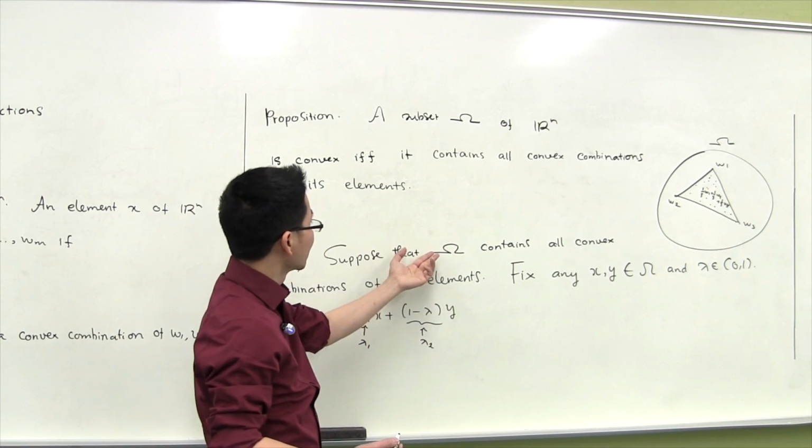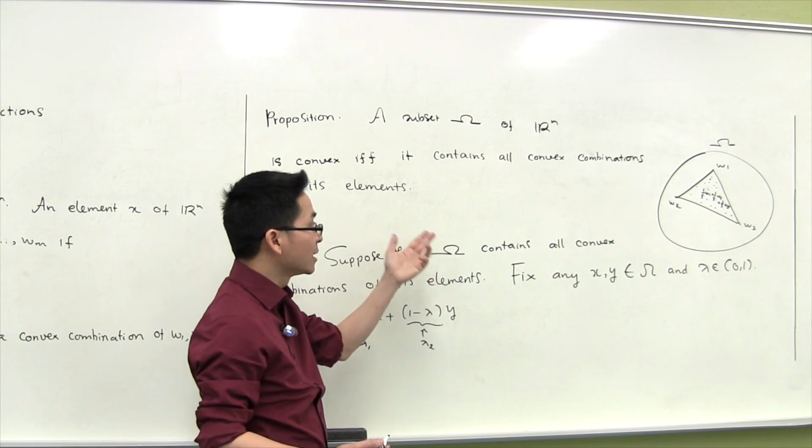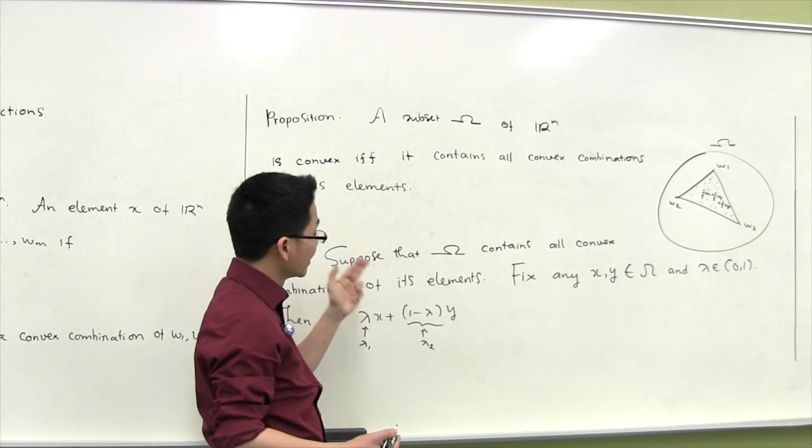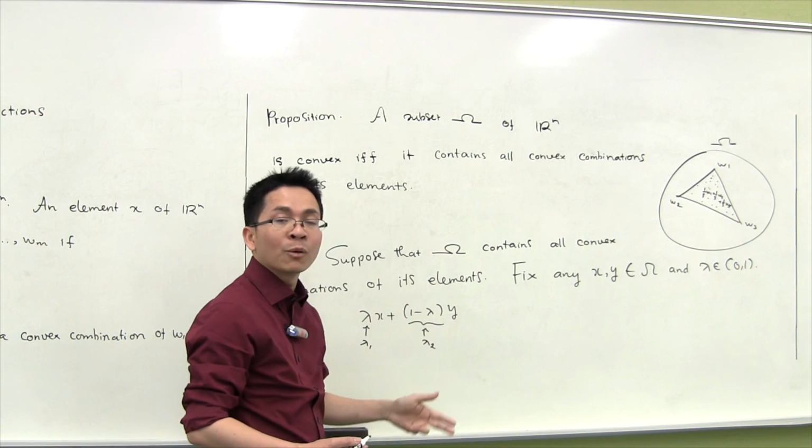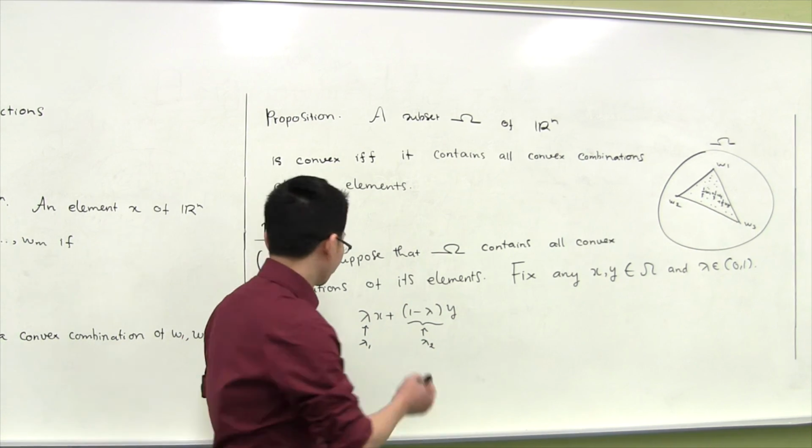Therefore, by the assumption that omega contains all convex combinations of its elements, lambda x plus (1 minus lambda) y belongs to omega.